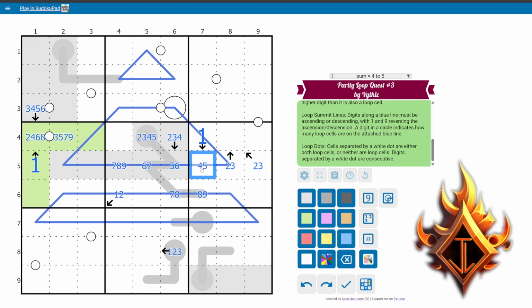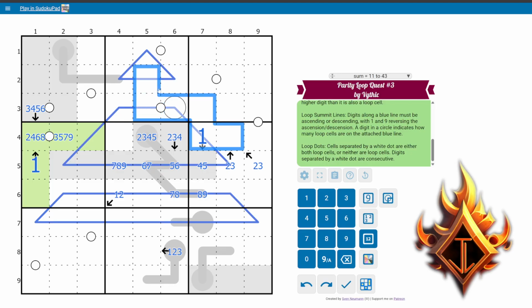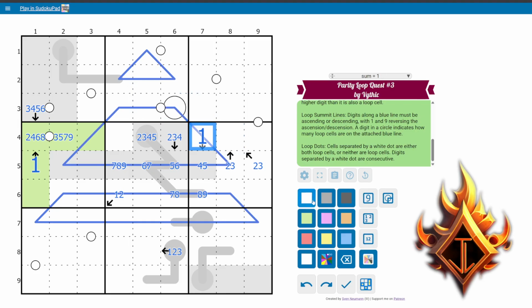That is just not on the line, is it? We can't do that. That is not on the line. This ends up breaking that. So that is not on the line.